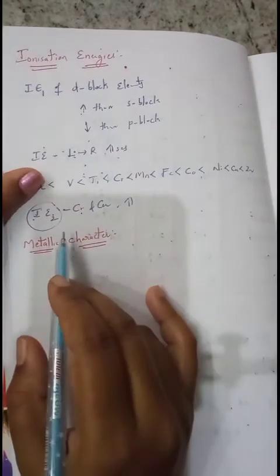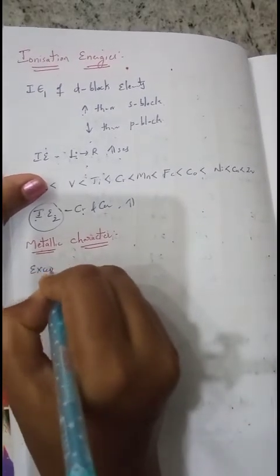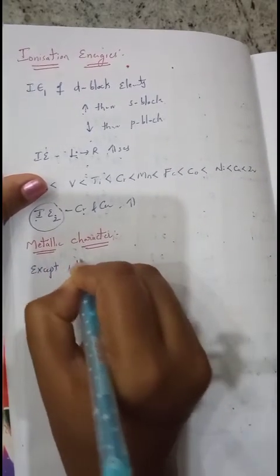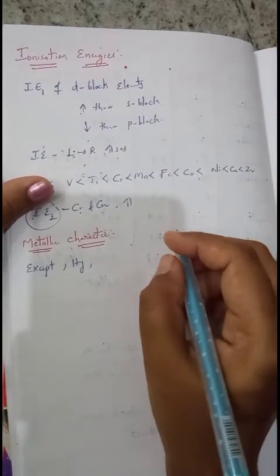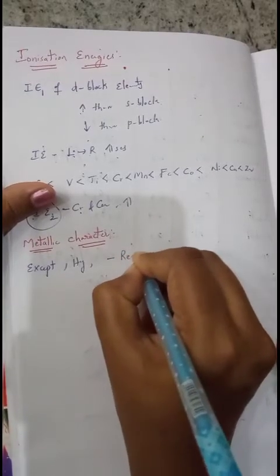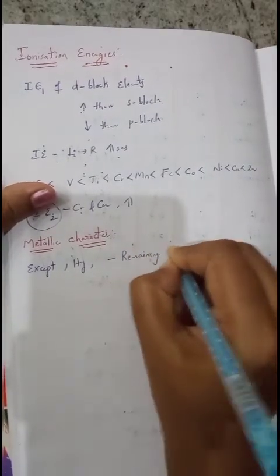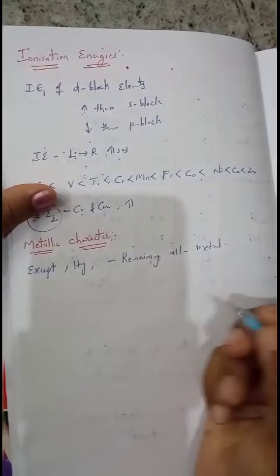The next property is metallic character. Except mercury, all the remaining elements are typical metals with metallic structures.